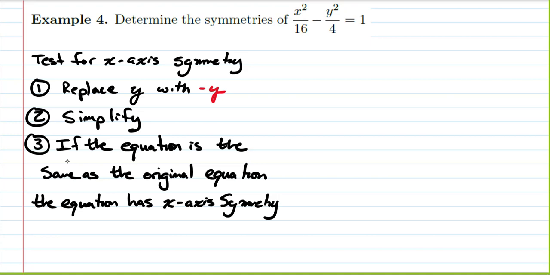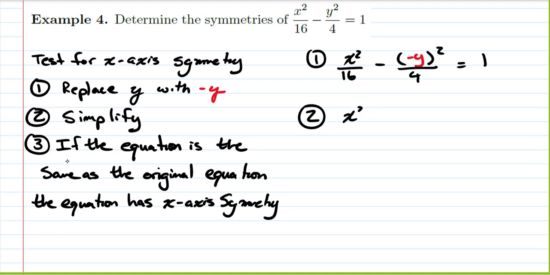So let's go ahead and do each of these. Our step 1 says we replace y with negative y. So we have x squared over 16 minus, and we replace our y with negative y, so we have negative y squared over 4 equals 1. Then step 2 says we simplify.